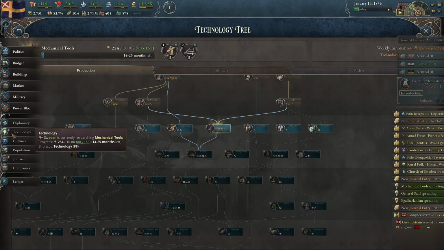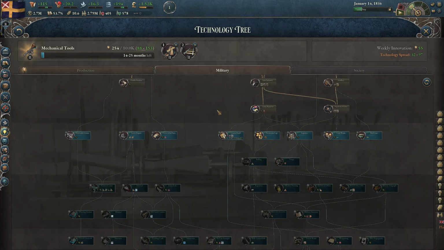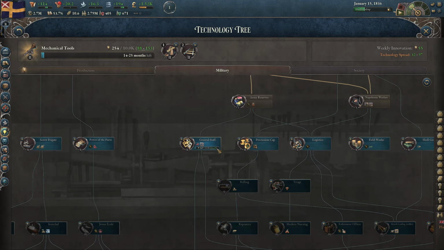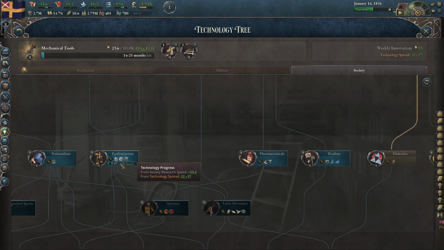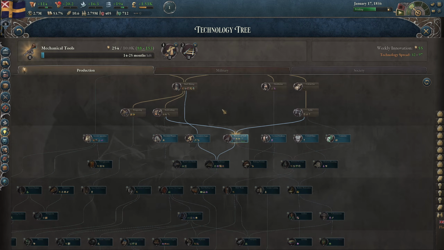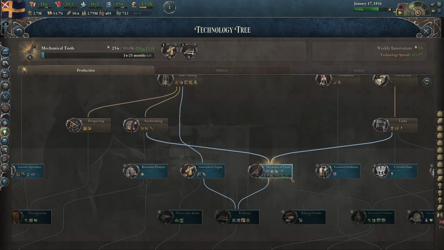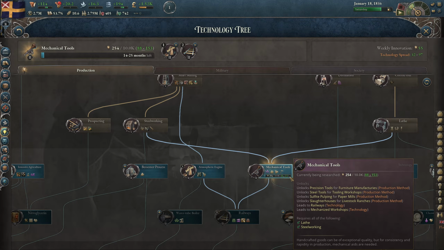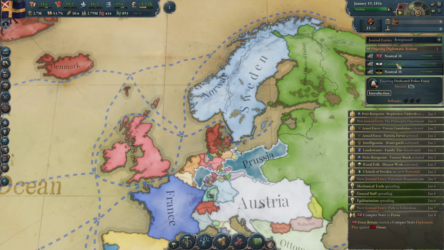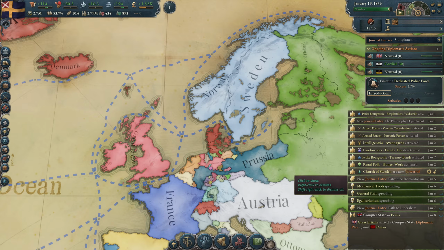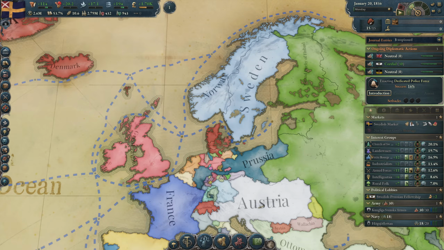In each category of the research, there will be something spreading, and you can see it over here. The general staff is spreading a little bit. And in society, we have egalitarianism spreading. And over here, we see that mechanical tools is spreading, but we're also researching it ourselves. Okay. You can click this away by shift right-clicking this and put that out of the screen.